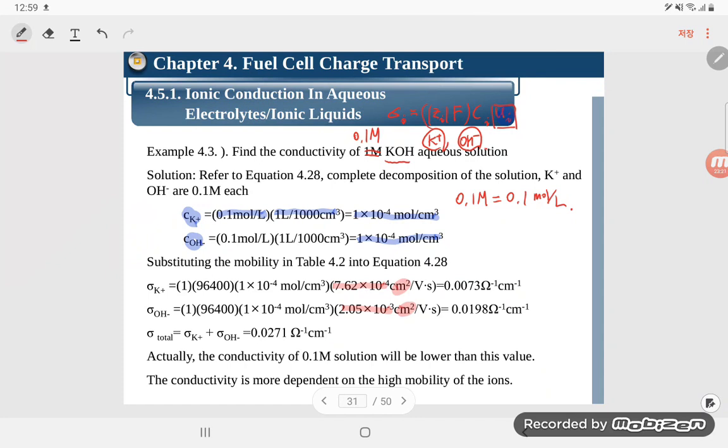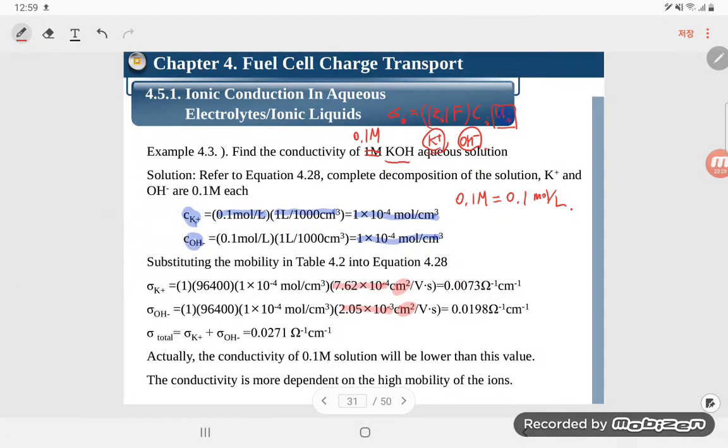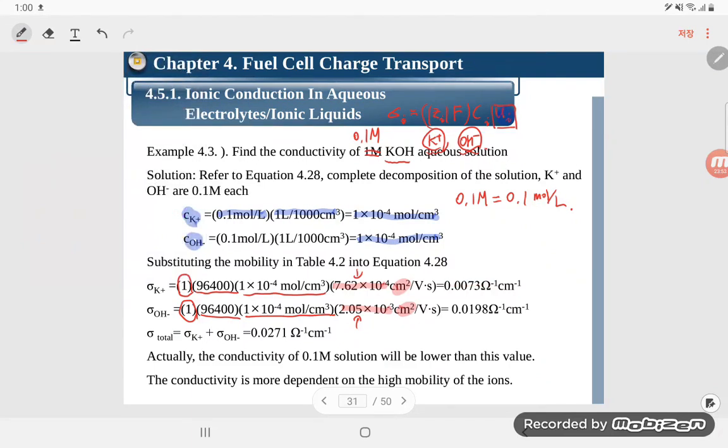We already know the charge number, because each species has a charge number of 1, and there is the Faraday constant, and this is the concentration C. The only difference is the mobility. If you put it into this equation, we get the conductivity of each species.